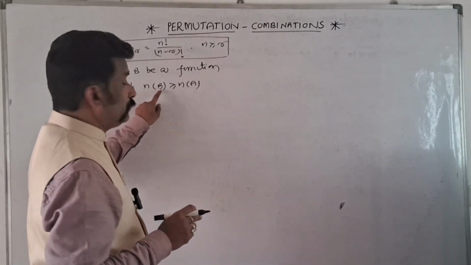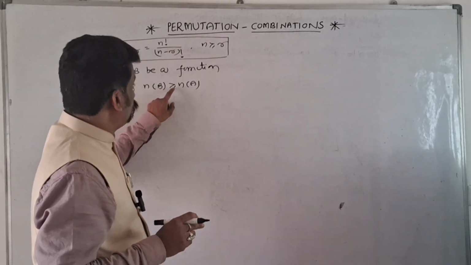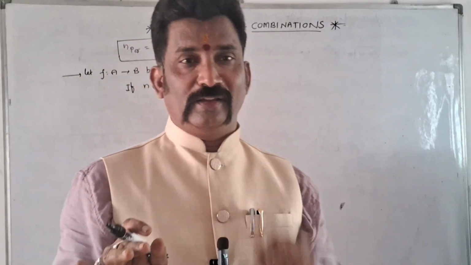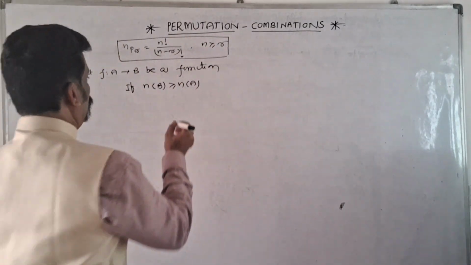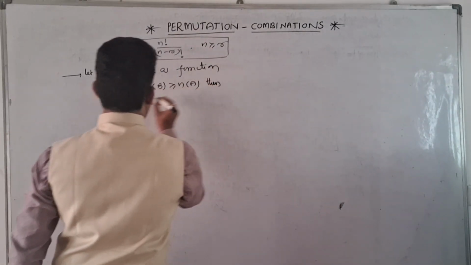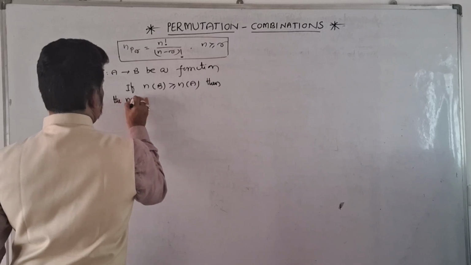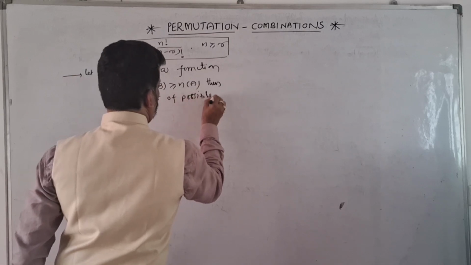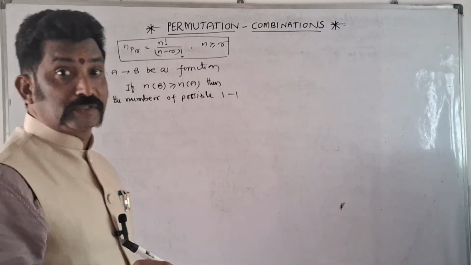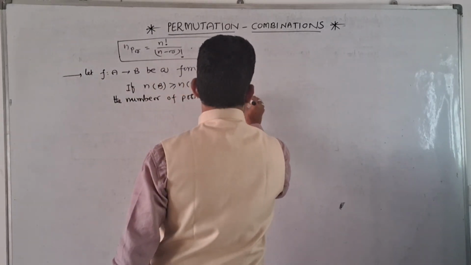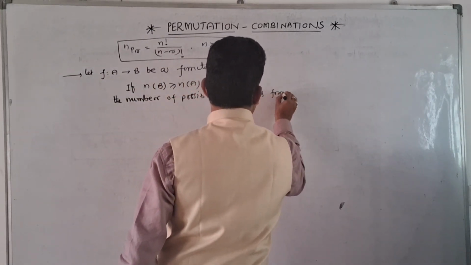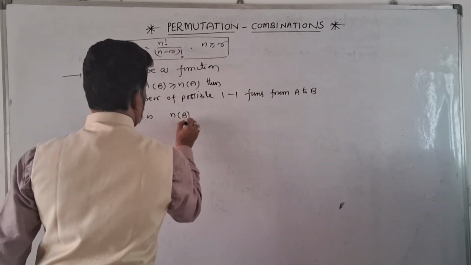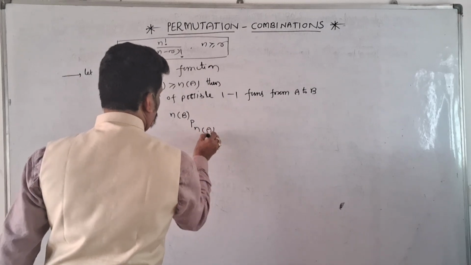If n of B, the number of elements in the set B, is greater than or equal to the number of elements in A, conditions apply. Then the number of possible one-one functions or injective functions from capital A to capital B is n of B P n of A. That's it.